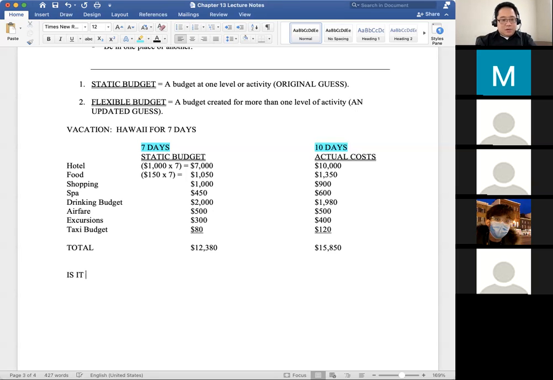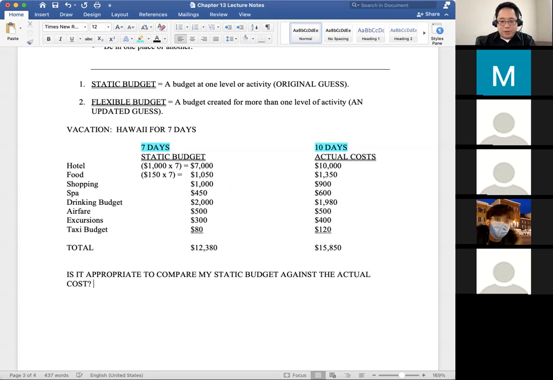Is it appropriate to compare my static budget against the actual cost? Is it reasonable to compare these costs here on the left side against these costs on the right side?